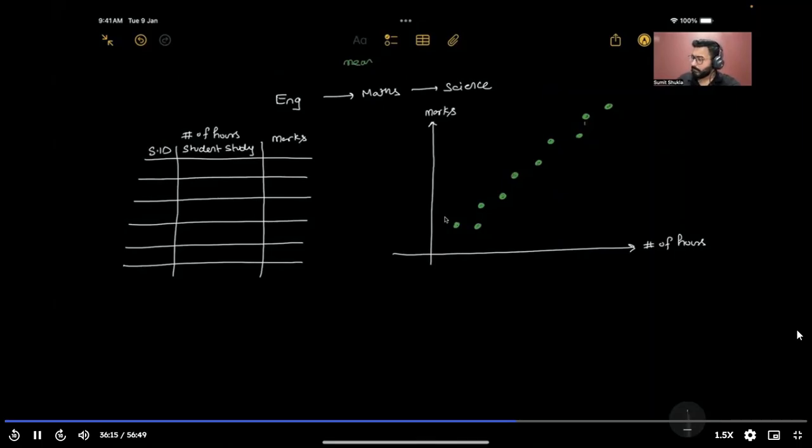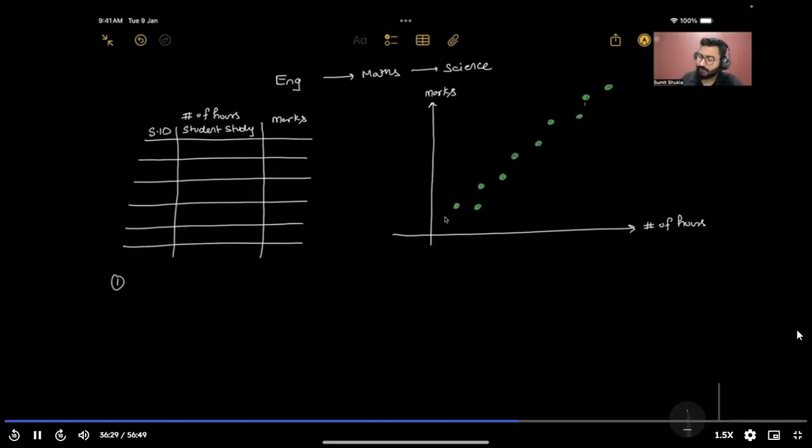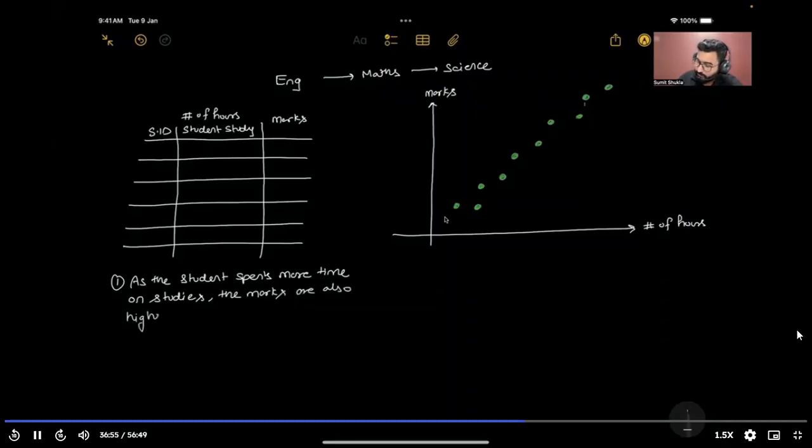If you look at it visually, you can understand that as the number of hours increases, the marks are also increasing. So the first understanding that we can get from this plot is that as the student spends more time on studies, the marks are also higher for that student, right?